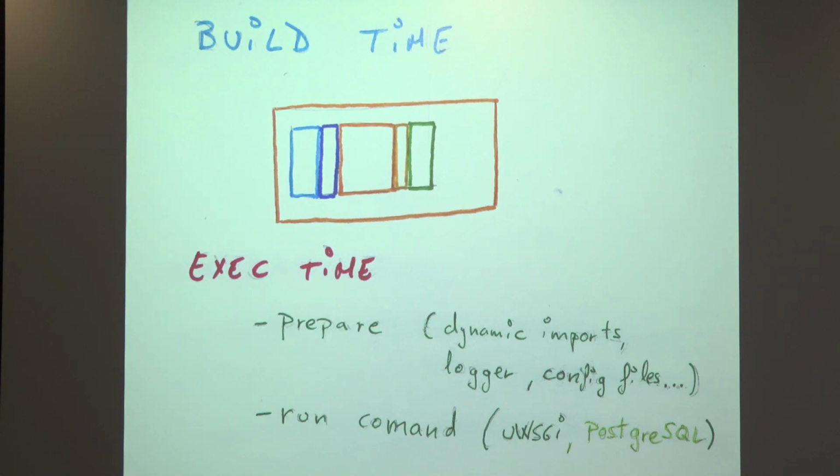Once you have that at build time, normally you just have an entry point, which is a script whose only job is to prepare things. For example, start the logging and channel the logs to the other container, set up some config file, something like that, and then it runs the command, which normally will be uWSGI or Postgres or whatever.